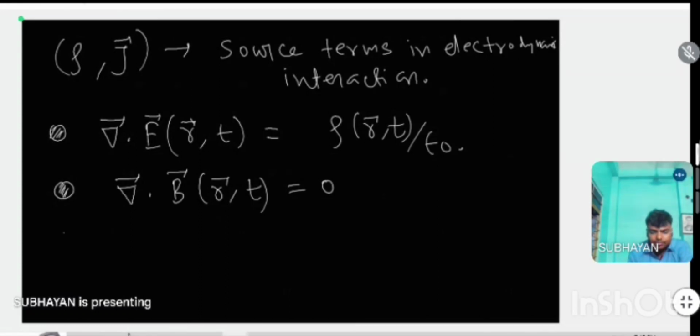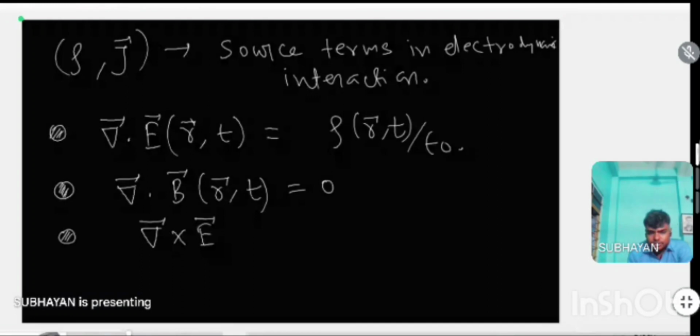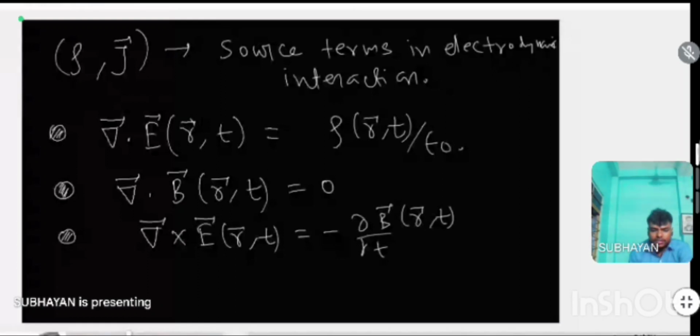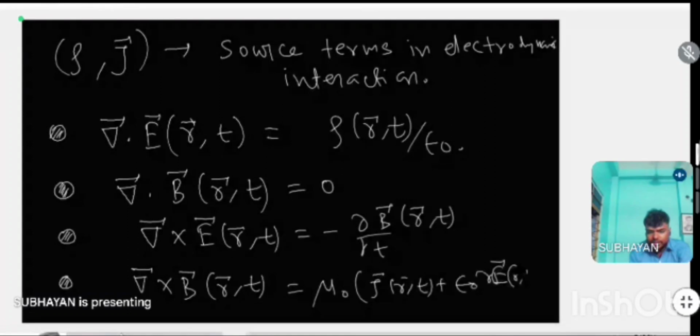Number 3, curl of E, a function of R, T, equal to minus, and the last one, curl of B, a function of R, T, is equal to mu naught J, a function of R, T, plus epsilon times the time derivative of E, a function of R, T.